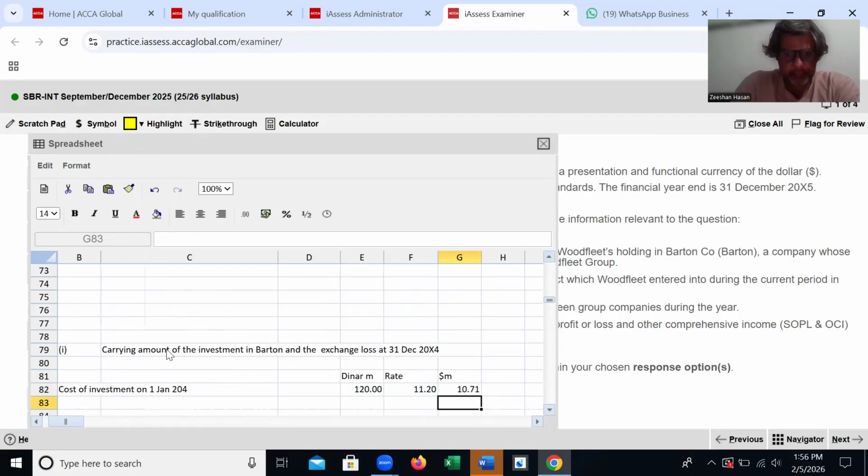The rate was 10.71. Then share of movement in Barton's reserve.